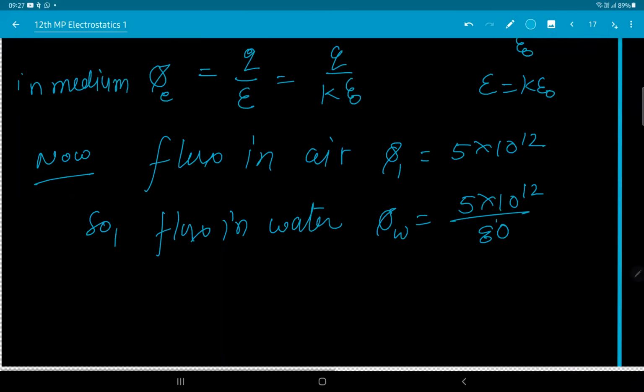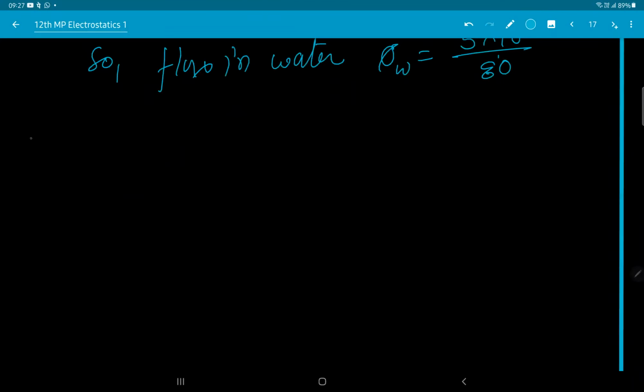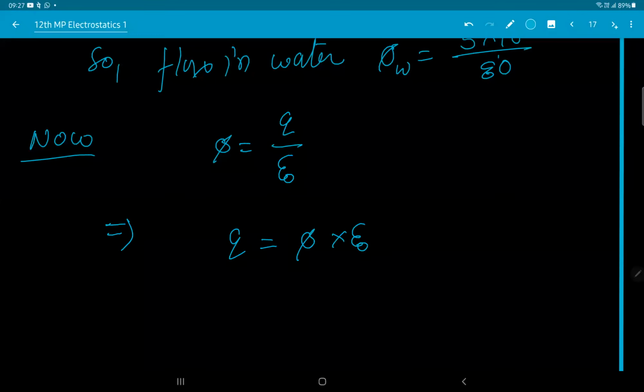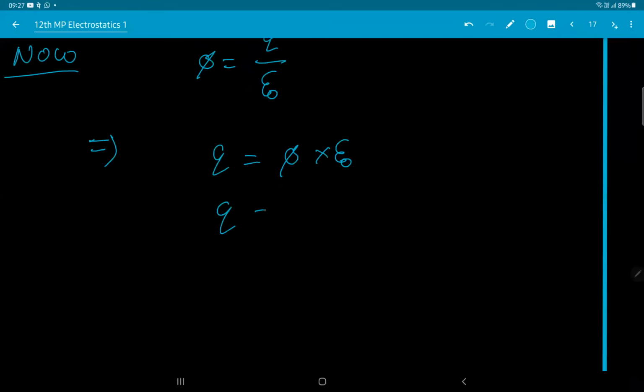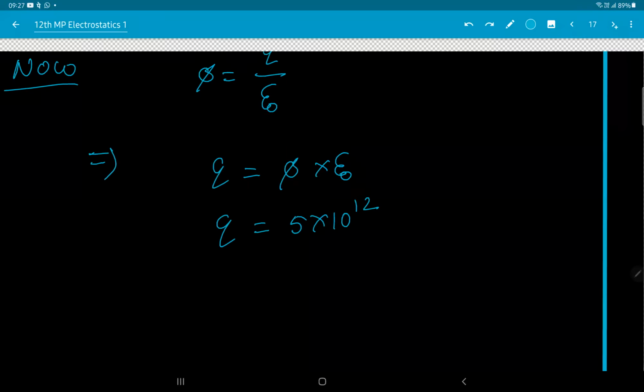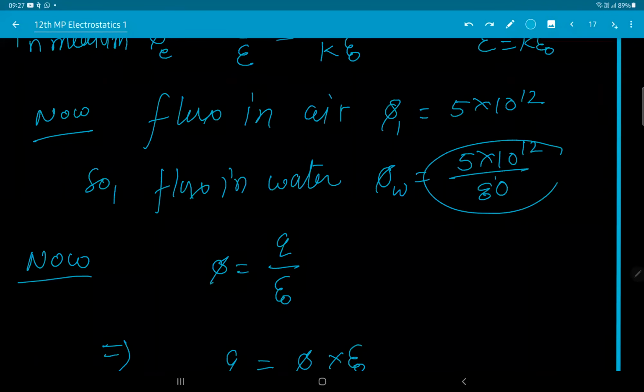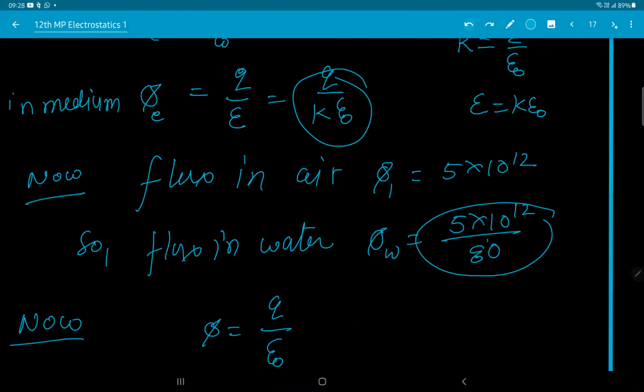Now you need to calculate charge. Phi is equal to q by epsilon naught, that means q equal to phi into epsilon naught. Simple, put the value, get the answer. 5 into 10 to the power 12. Do not write here the flux of water. If you write this, then you need to use this formula.